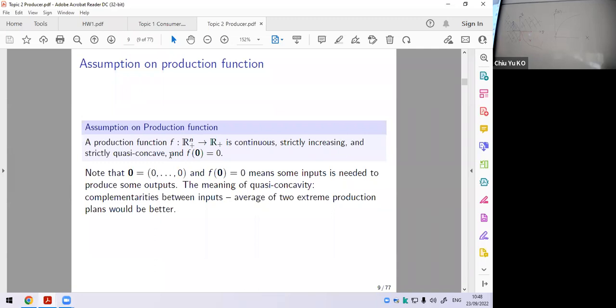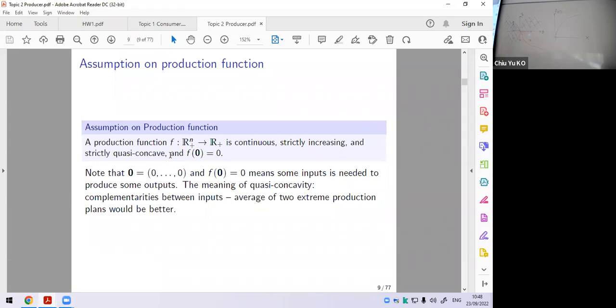Continuous is kind of technical: if you change some input, the output should change similarly, so that is not very surprising. Strictly increasing is also fine: you increase your input, you should increase the output. It's okay for most approximations, but the main thing I need to talk about is strict quasi-concavity. Why do we have that?